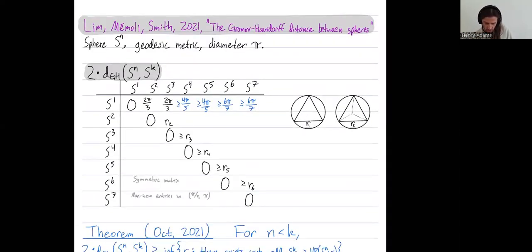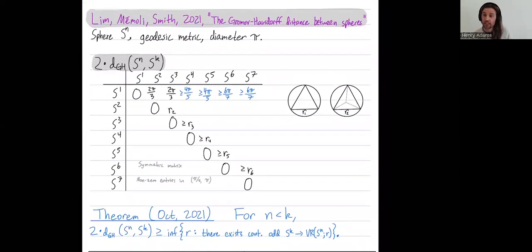And so now just recently we're able to prove new things about Gromov-Hausdorff distances between spheres. We prove lower bounds on Gromov-Hausdorff distances between spheres using the topology of Rips complexes and ideas related to the Borsuk-Ulam theorem. So let me stop there.